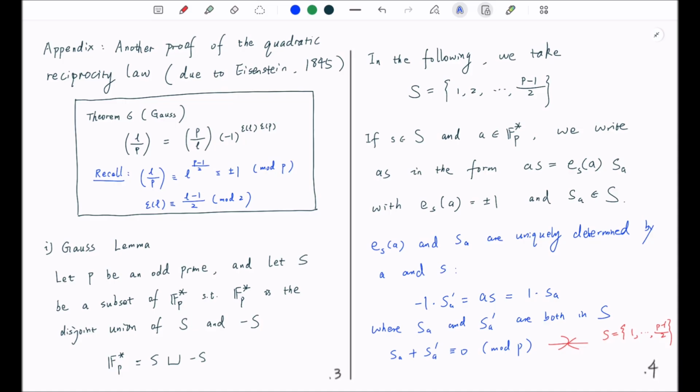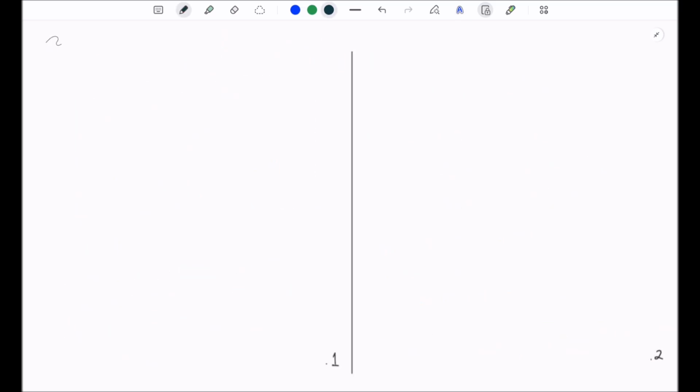And now we can state and prove Gauss's Lemma. Gauss's Lemma states that the Legendre symbol of A modulo P is equal to the product of E sub S of A for S ranging over S, where this E sub S of A and capital S are defined as above.